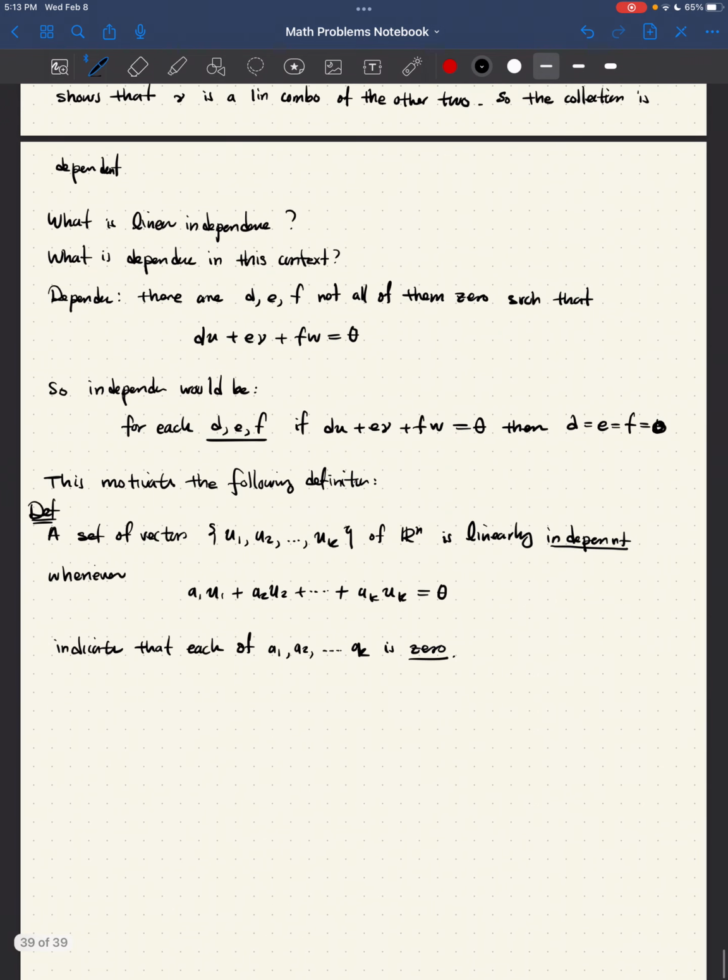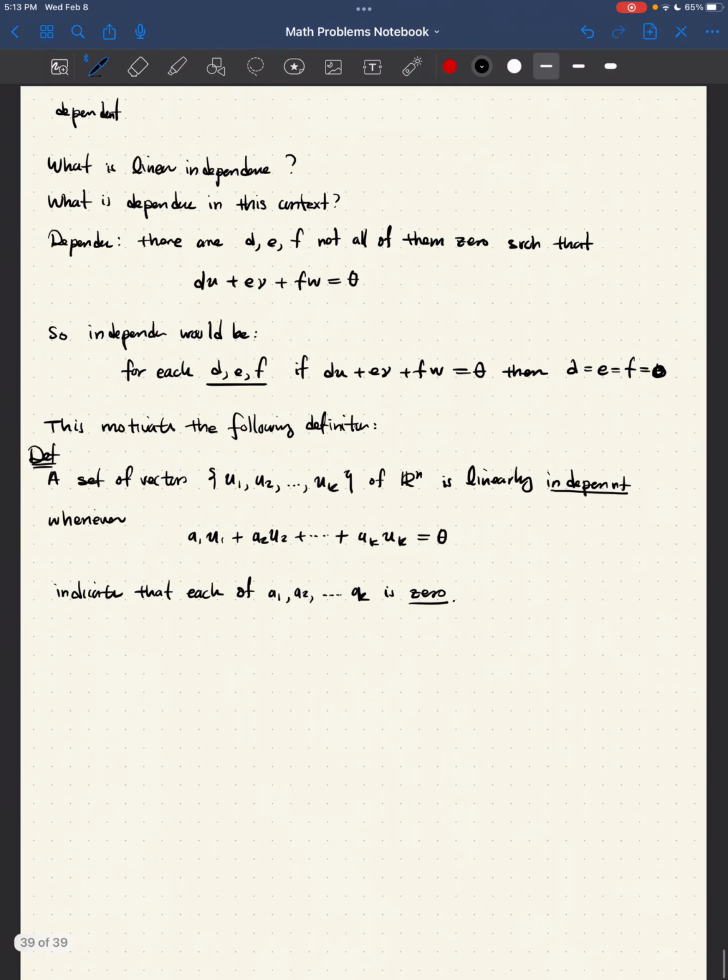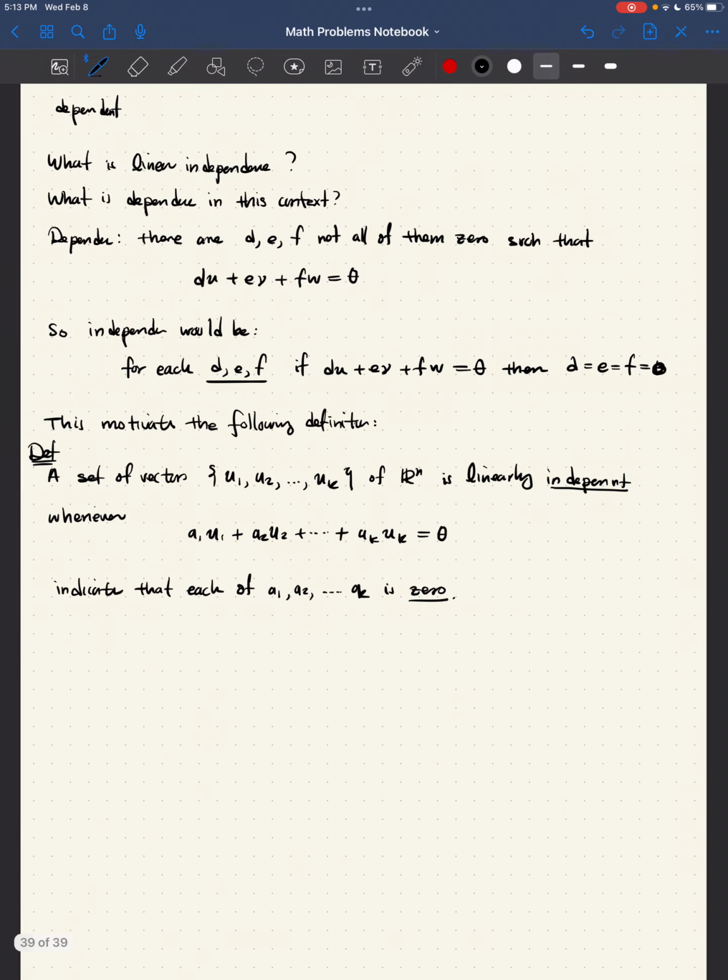Linear independence being a negative notion, just the negation of dependence, meaning that if you are able to express the 0 vector as a linear combination, just as we have here, that tells us that the only way in which we can do that is exactly when all the coefficients are 0.